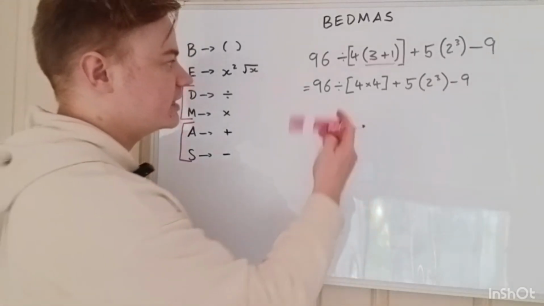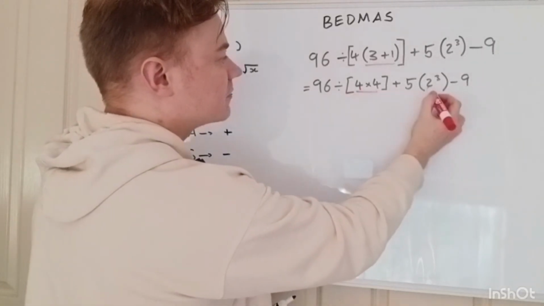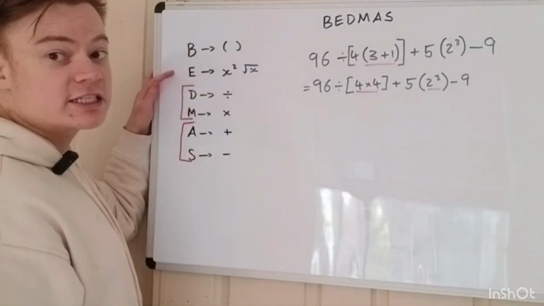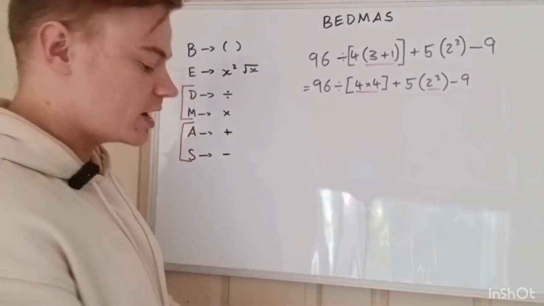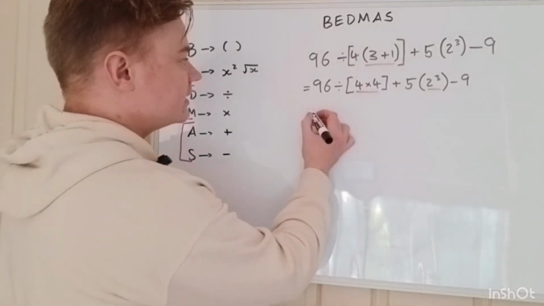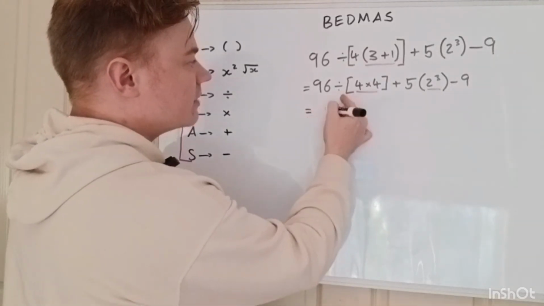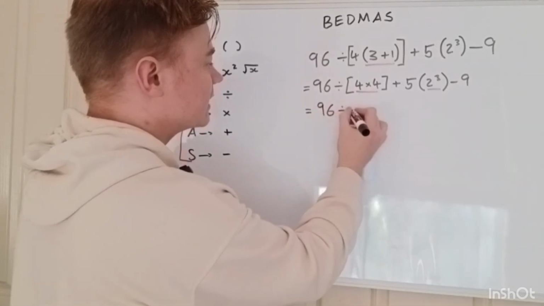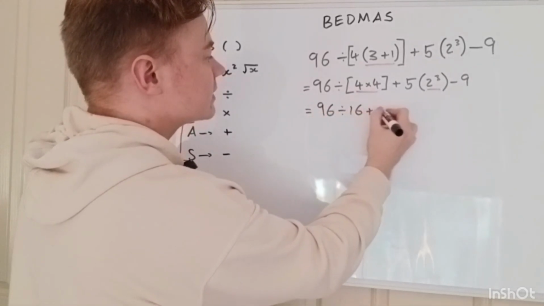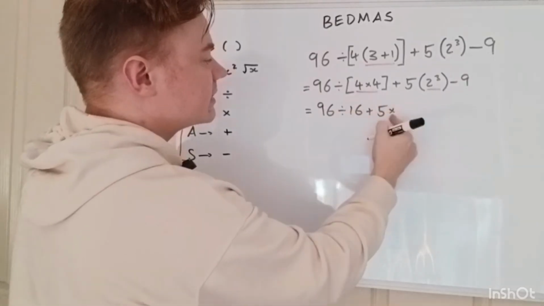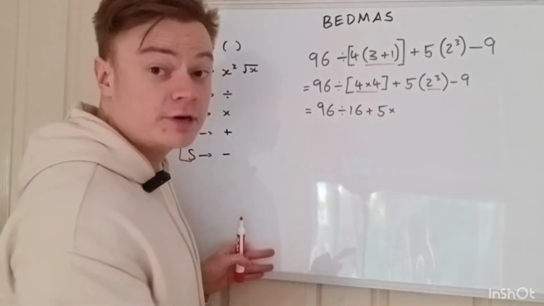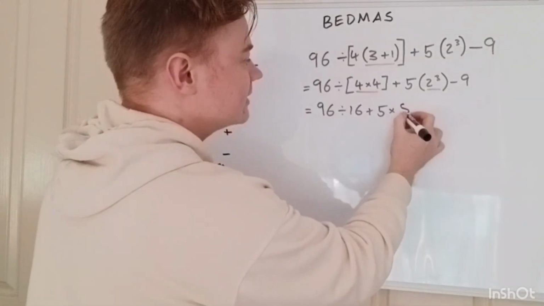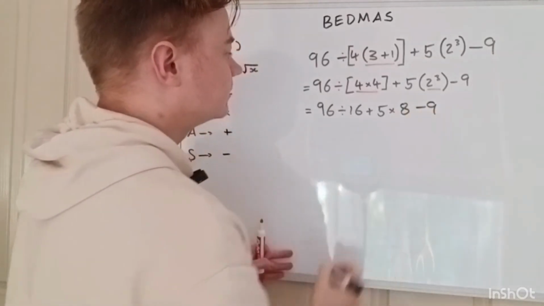So we need to do these brackets first. 4 times 4 and 2 to the power of 3. We also get rid of our only exponent in this step as well. So 96 divided by, well, 4 times 4 gets us to 16, so it'll be 96 divided by 16 plus 5, and this is times. Now 2 to the 3 is 2 times 2 times 2, which gets us to 8 minus 9.